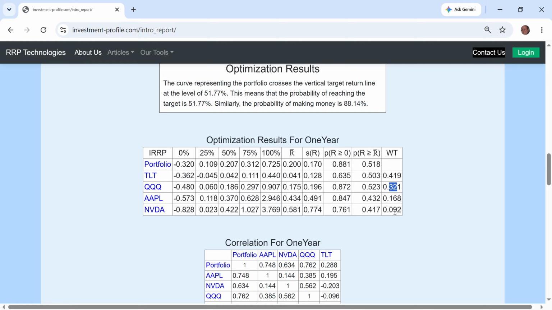And that is kind of an interesting result, because NVIDIA has been such a big earner for quite a while now. You would expect that the optimizer would recommend that a lot of your cash go into NVIDIA. But because the standard deviation for NVIDIA is very high, the allocation is very low.